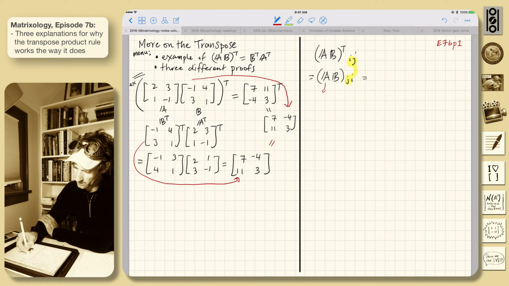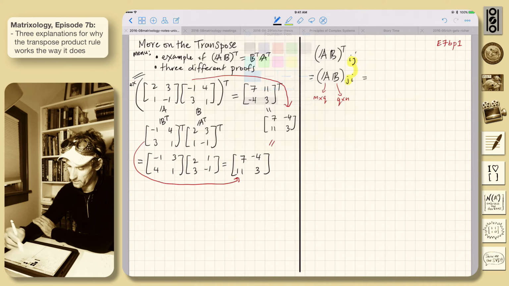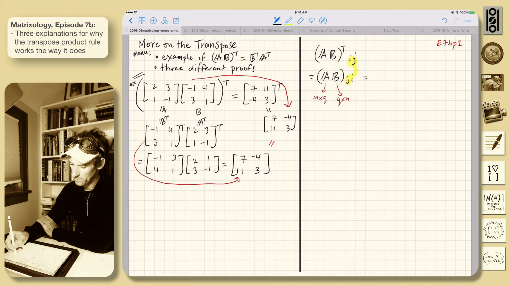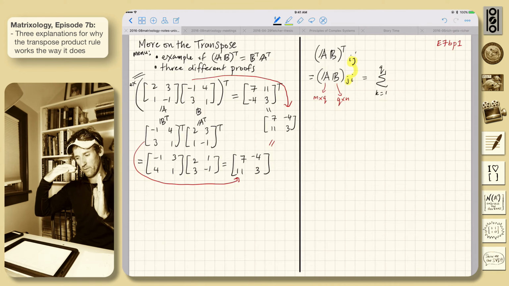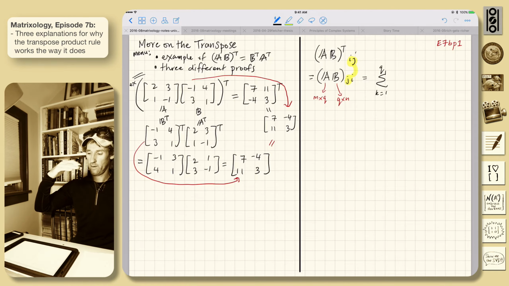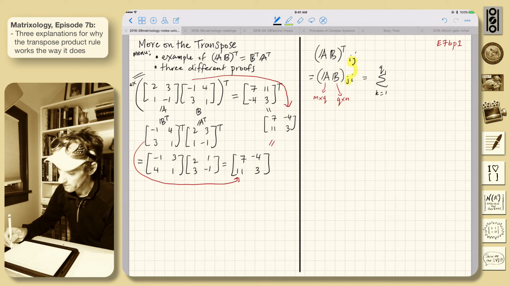So this one is going to be an M by Q, and this one is going to be a Q by N. So let's write out the product rule. We're going to sum over K, K equals 1 to Q, where there's inner products of the jth row of A with the ith column of B.